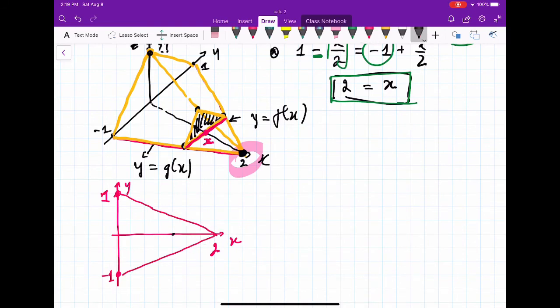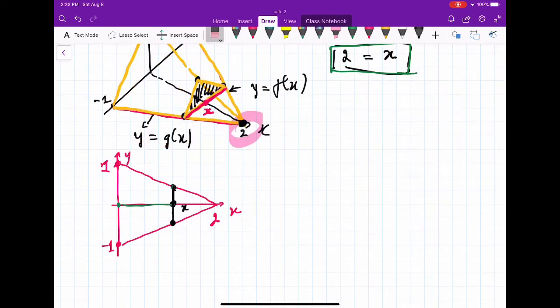So you have some x in here. You need to find this interval, meaning the length of that interval. And we know the equation of this straight line. So in order to find this distance, we just plug x into the equation of this straight line.